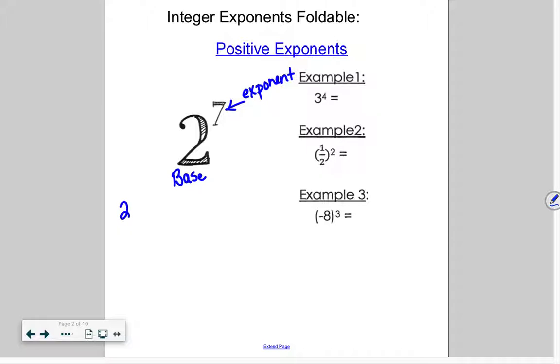Right, it means 2 times itself 7 times. So it's repeated multiplication when we have exponents.